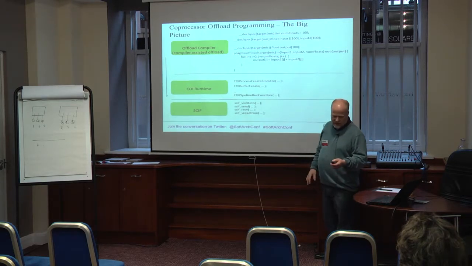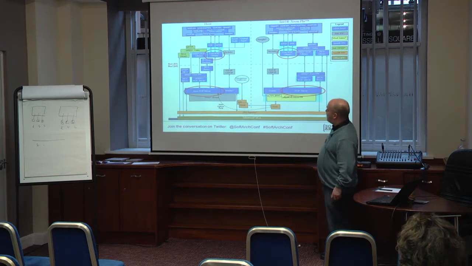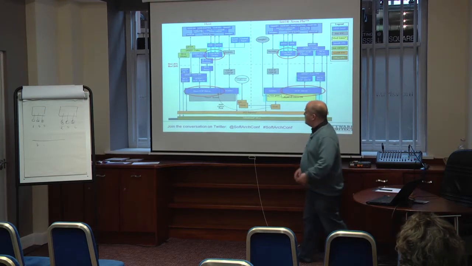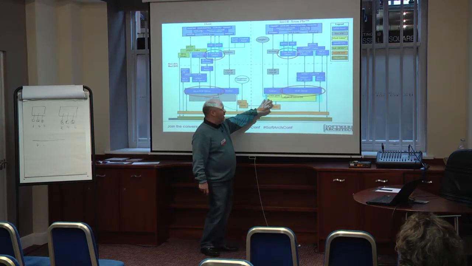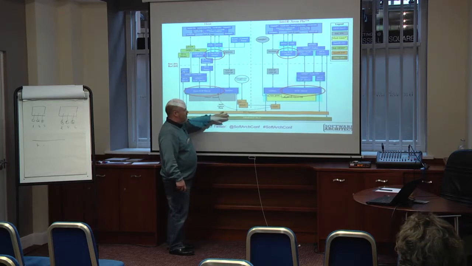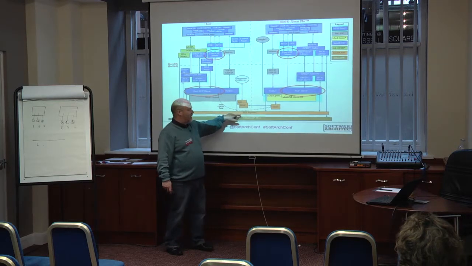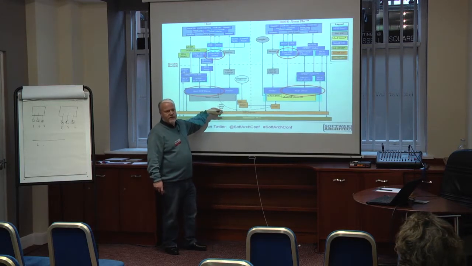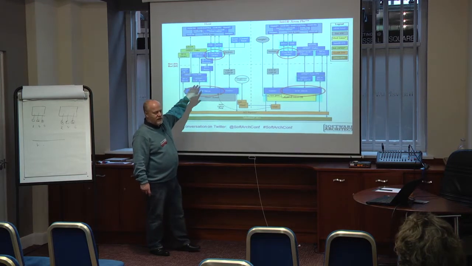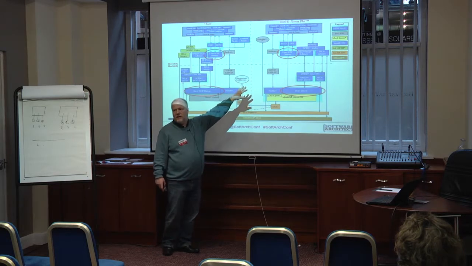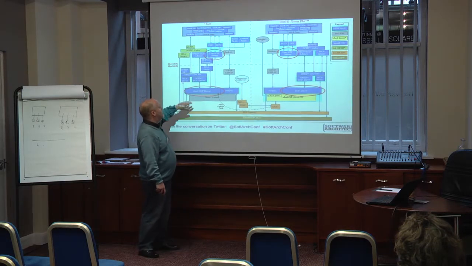I've got the block diagram of the APIs, and you can see here, this is the host side, this is the Xeon Phi. At the bottom level, the physical layer is PCI Express. And this is showing the different stacks of how the host and the target communicate.